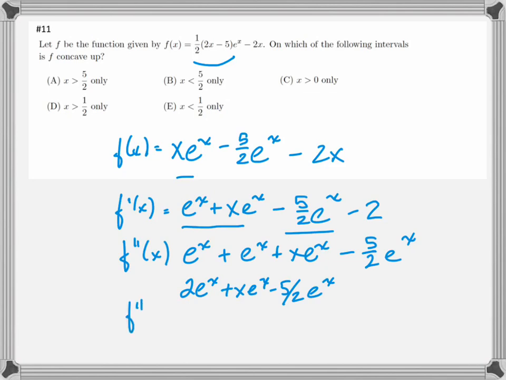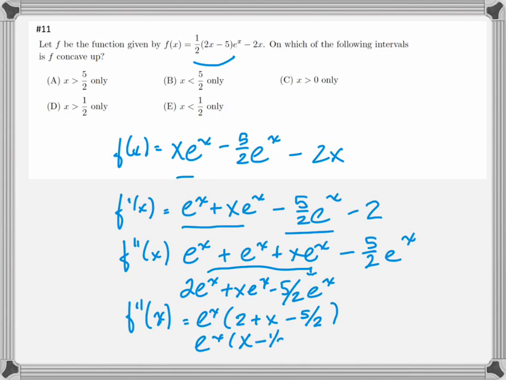So f double prime of x is equal to e to the x, and then it's 2 plus x minus 5/2. So I guess I could have combined those two, right? So e to the x, and then that's 4/2 minus 5/2, so x minus 1/2. So x, and you set that equal to 0.